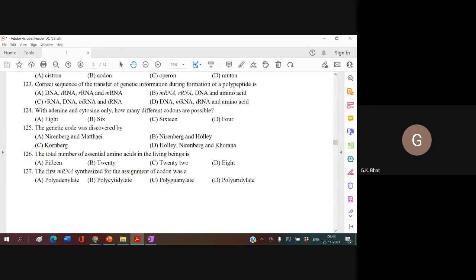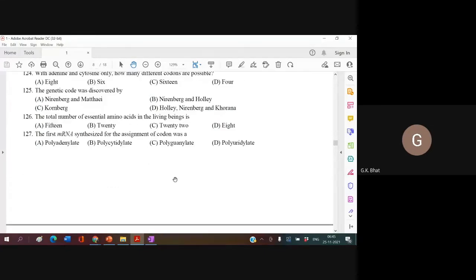There are essential amino acids, non-essential amino acids, conditional essential amino acids. So the total number of essential amino acids in the living being is 8. 127. The first mRNA synthesized for the assignment of codon was polyuridylate. This one.